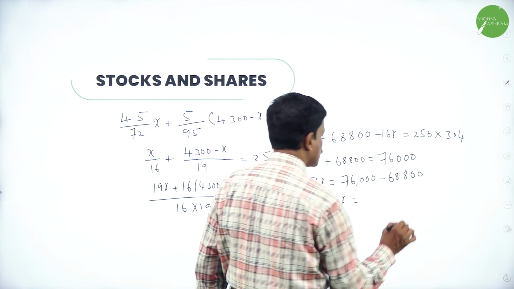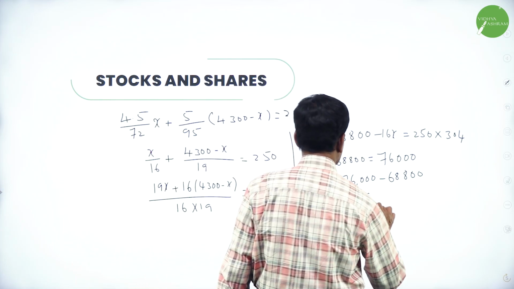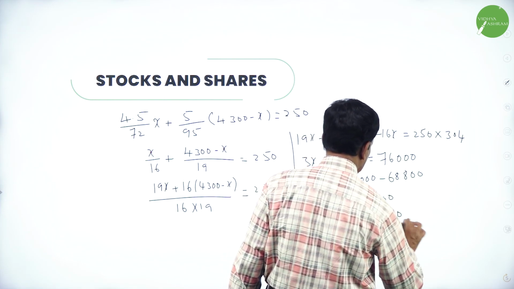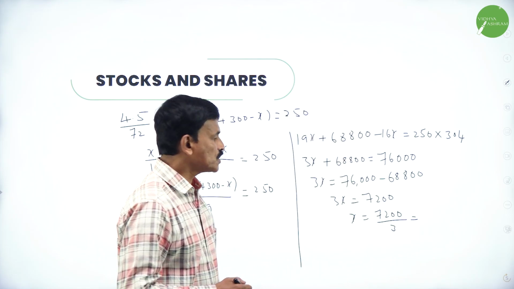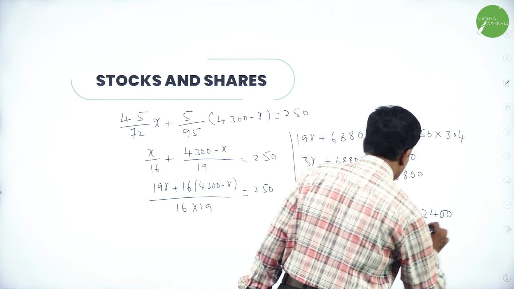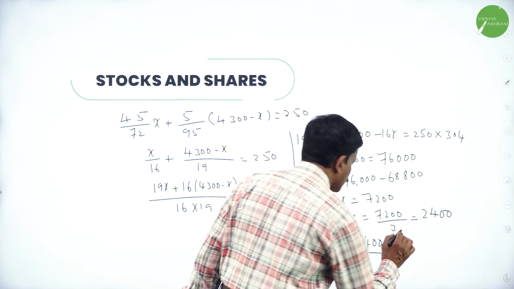So 3x is equal to 7,200. Therefore x is equal to 7,200 divided by 3. If you divide by 3, how much do you get? 7,200 divided by 3 is 2,400. So x is equal to 2,400.